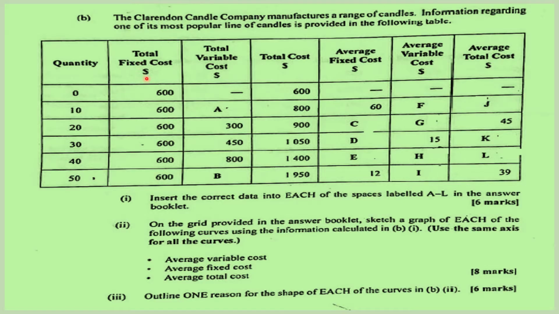The total fixed cost and the total variable cost is equal to the total cost, and the other one is based on a similar formula: average fixed cost plus average variable cost equals average total cost. So we'll be utilizing that formula to find out how much to put in the missing cells.